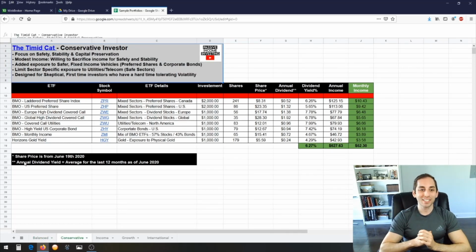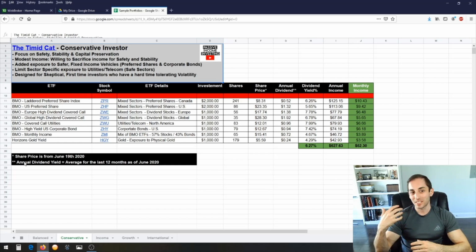The timid cat, or the conservative investor profile, really focuses on safety, stability, and capital preservation. The income is modest because you're sacrificing some income for more safety and stability. So in terms of added exposure, you're going to have added exposure to safer fixed income type of vehicles here, like preferred shares and corporate bonds.